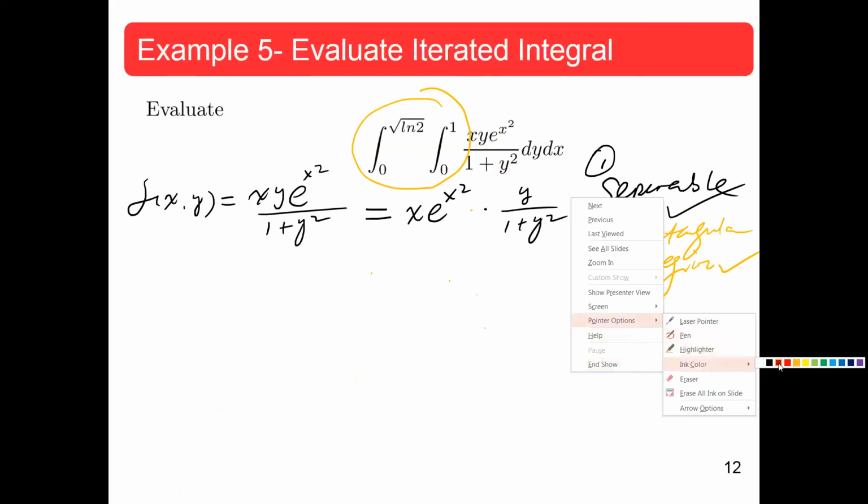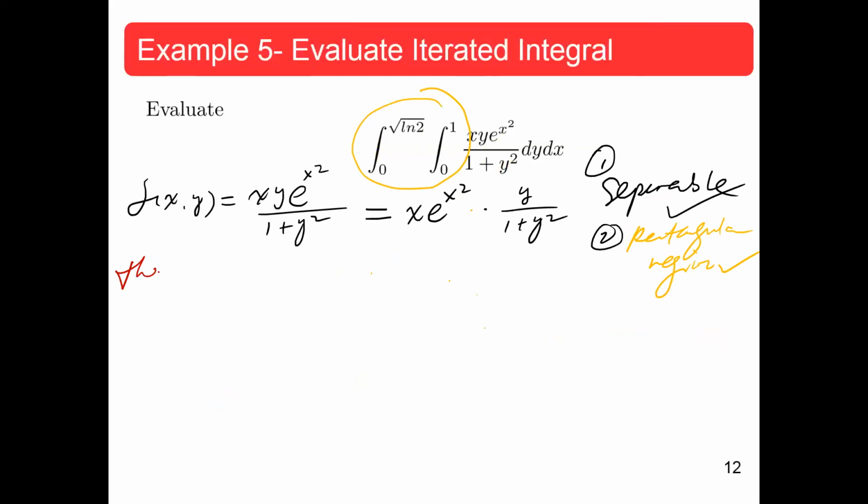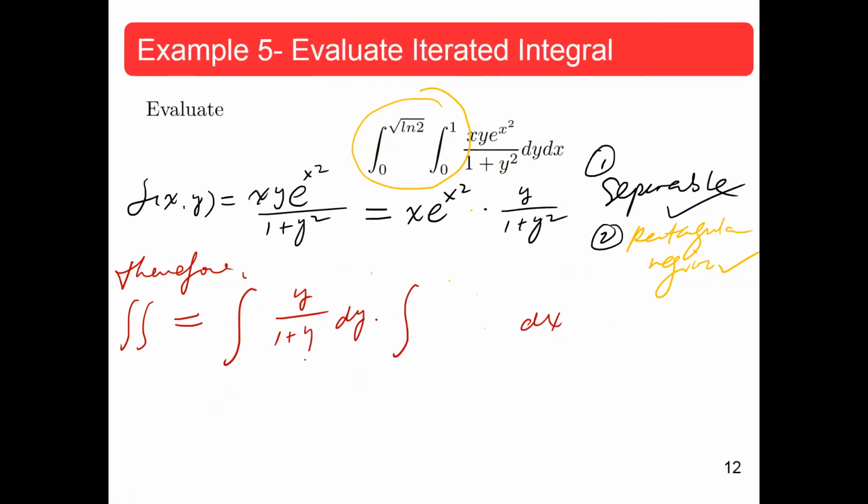Therefore, this double integral can be simplified into single integrals. One is about dy, one is about dx. It doesn't matter which one you go first. So I can put all the y's together, y over 1 plus y squared, and put all the x's together, x e to the x squared.